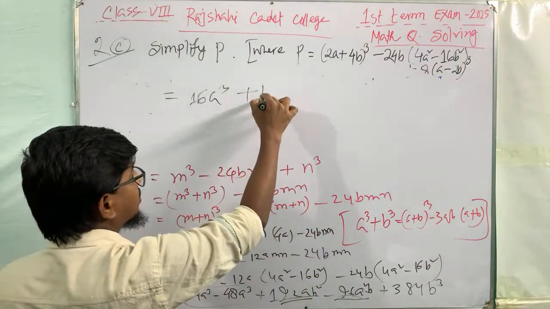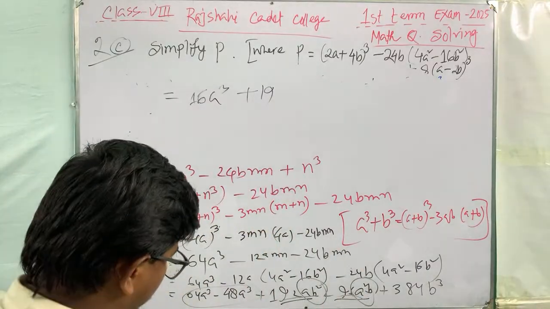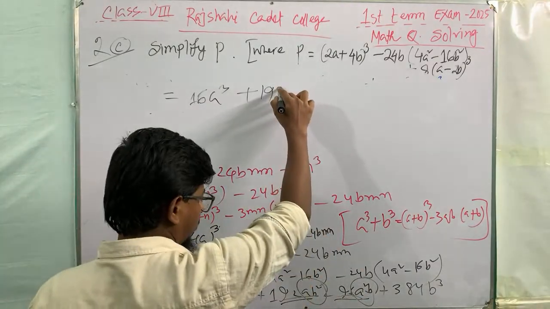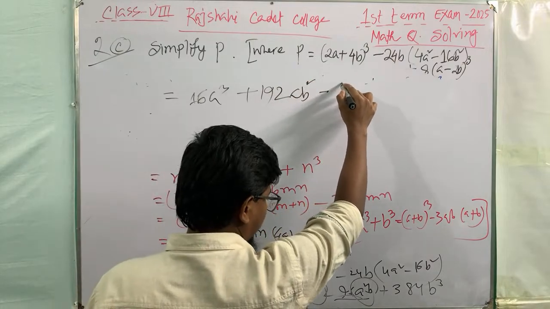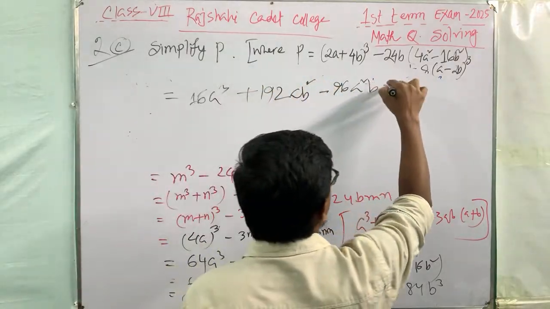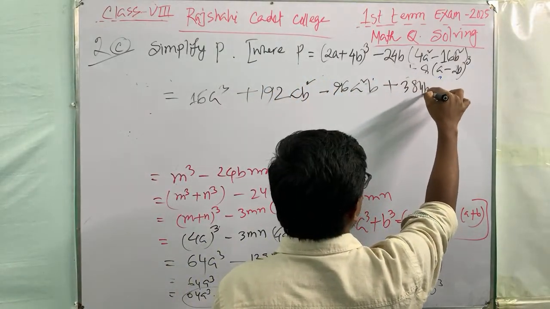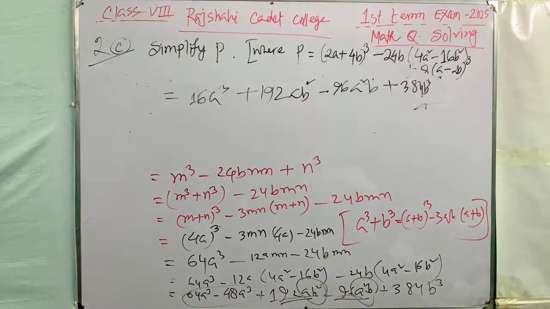So no changes. Because this is ab square and this is a square b. You cannot actually cancel them out. You cannot even take the subtraction. So just surrender and keep them as they are. So the rest of the things will be unchanged. This is the simplification that your teacher wanted you to find out. I hope you understand.